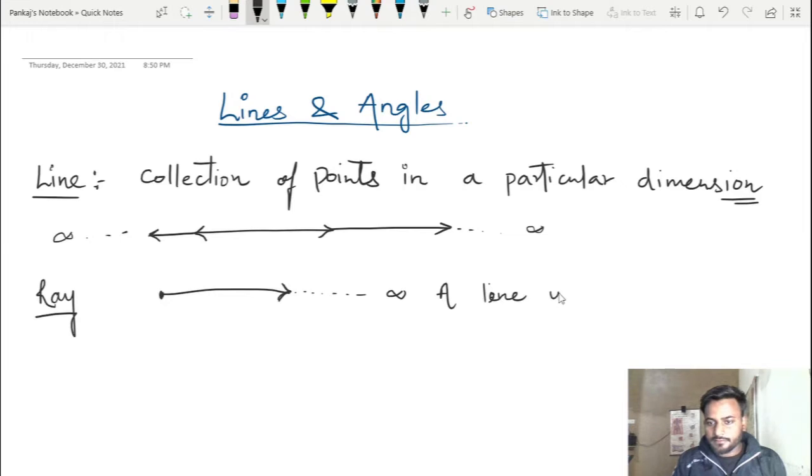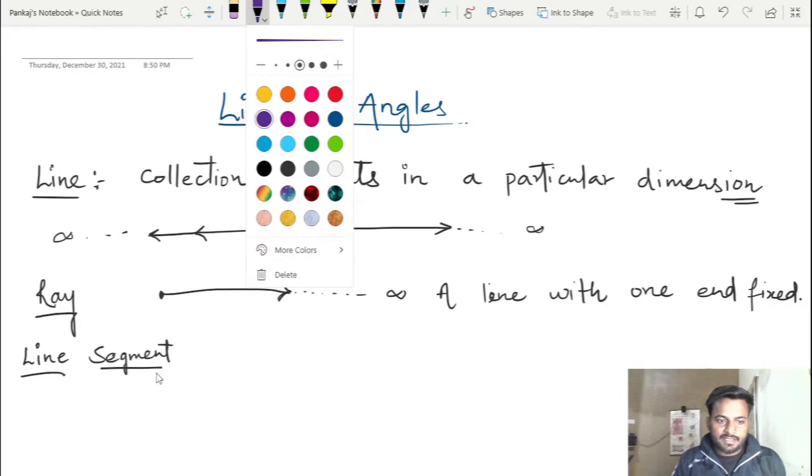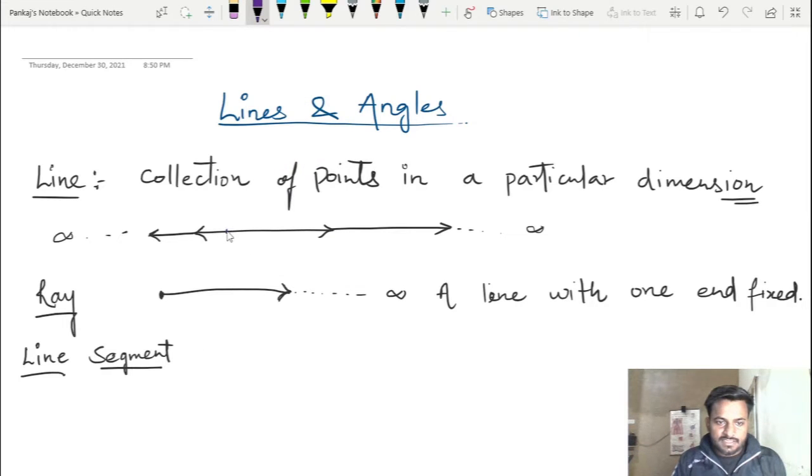A line with one end fixed. And the next thing which comes is the line segment. From the name it is clear that it is a segment of a line.